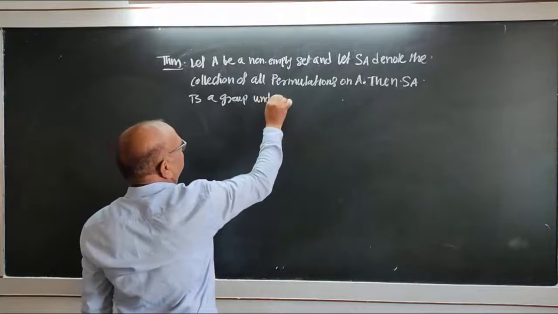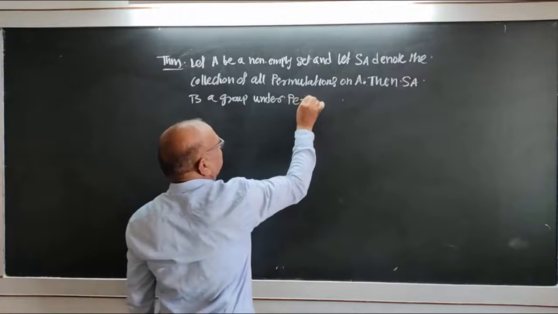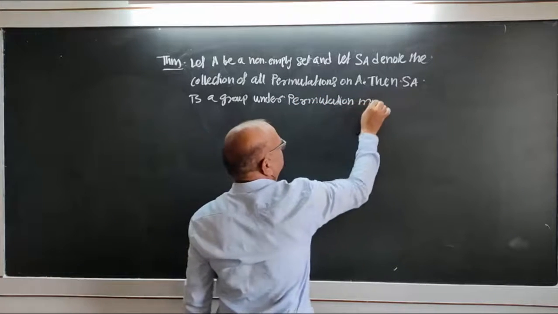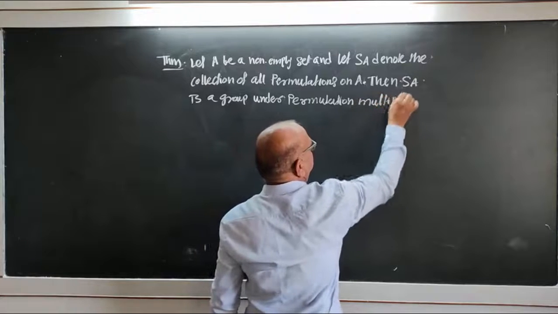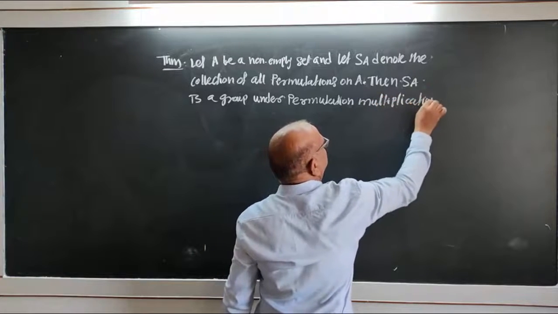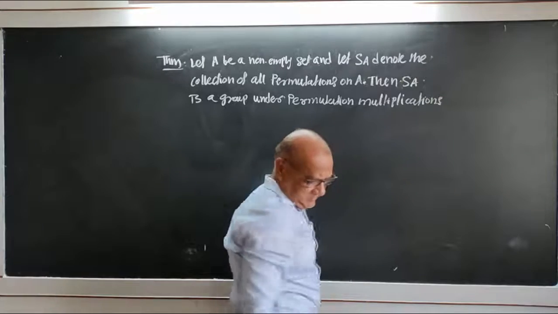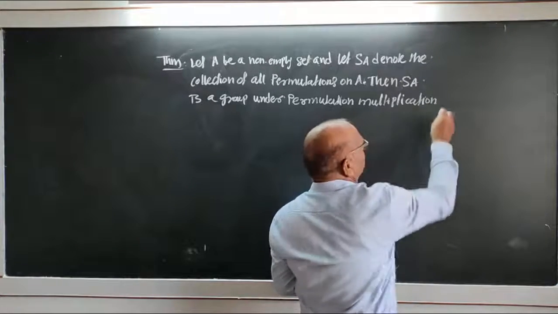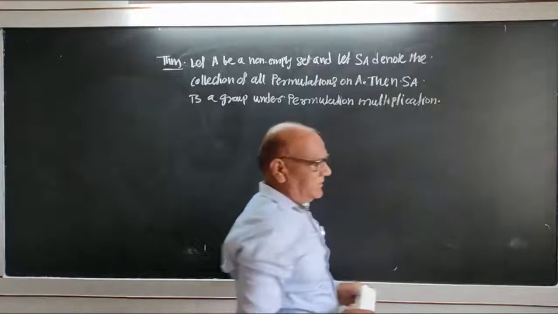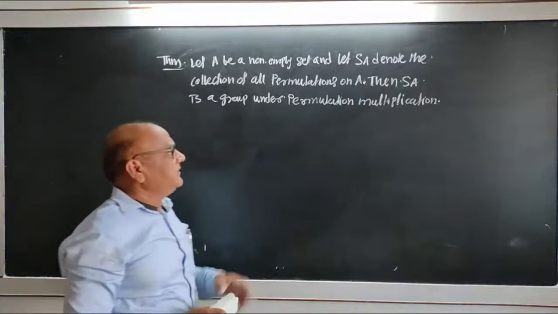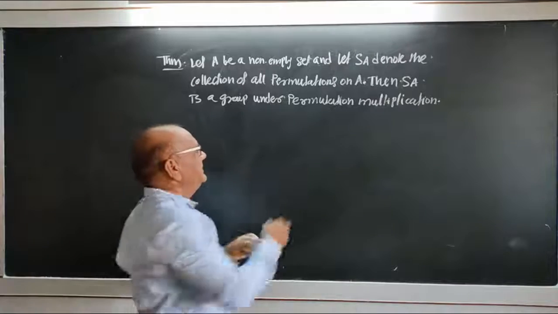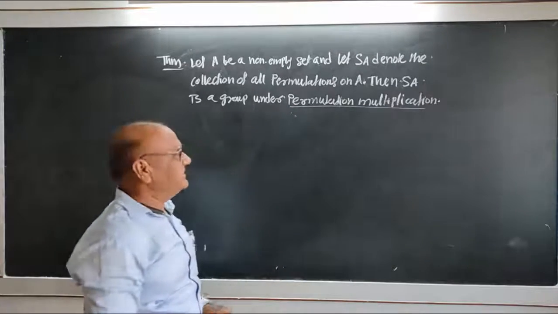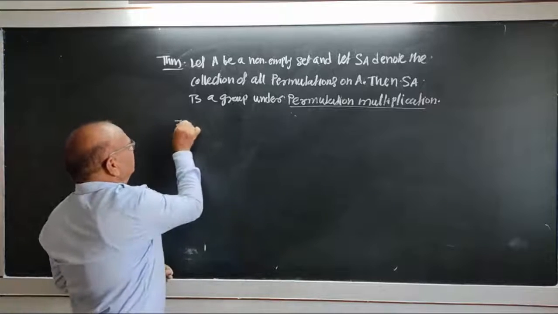SA is a group under permutation multiplication. Here permutation multiplication means function composition.